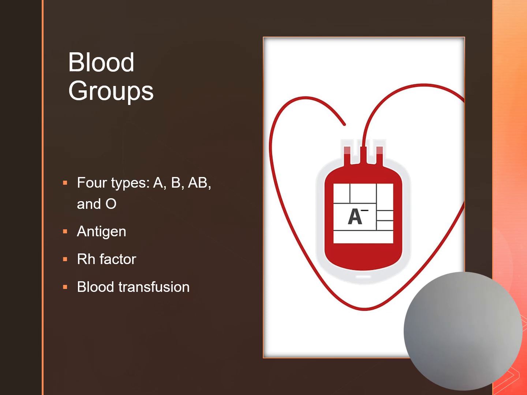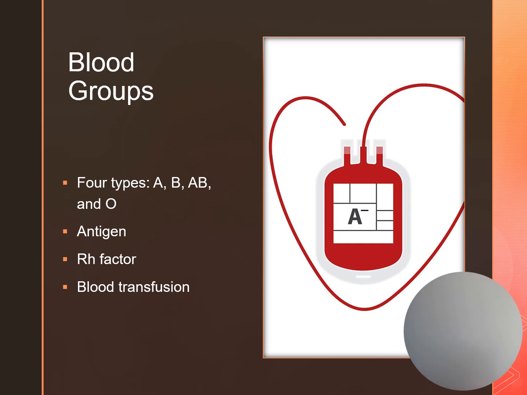With blood, we have four different types: A, B, AB, and O. And our blood type is going to be determined by heredity. The type is determined by identifying the antigen if it's present or not present. For example, type O blood, there's no antigen.